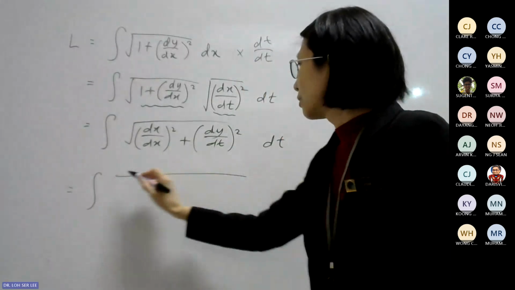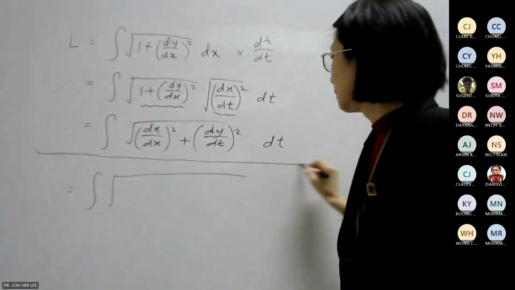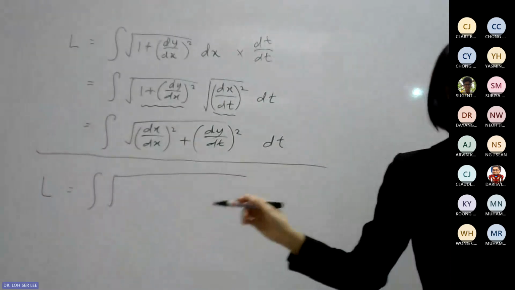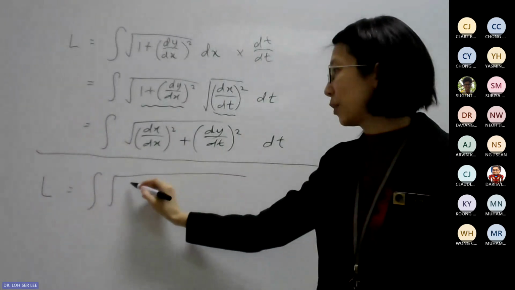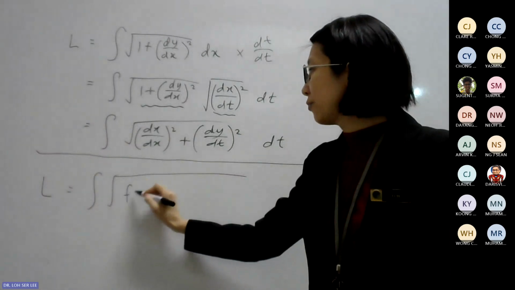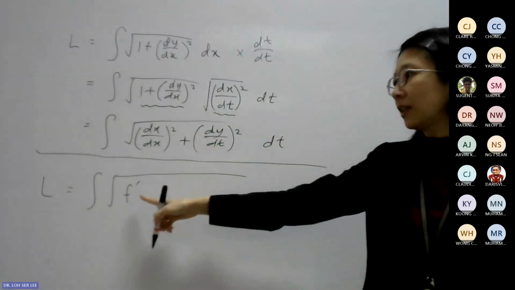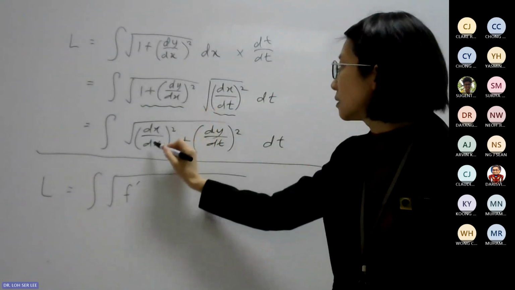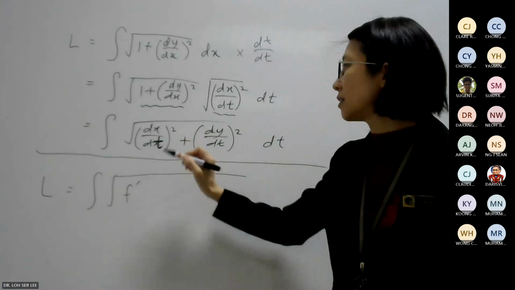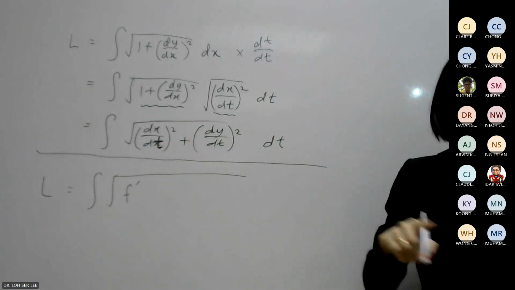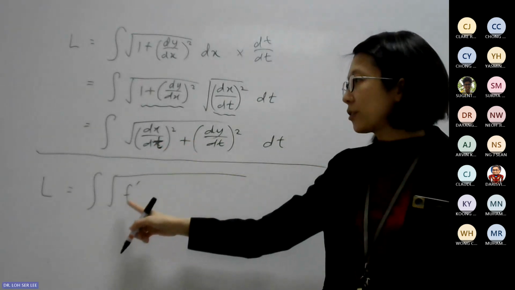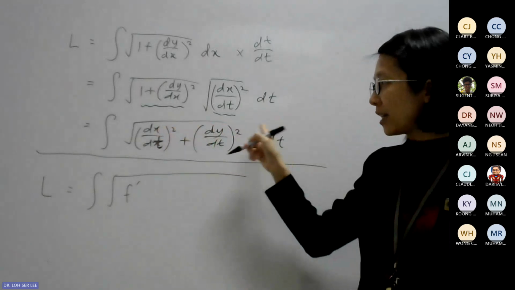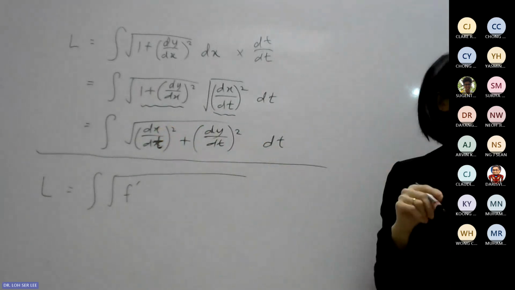So this is for three-dimensional. For three-dimensional, we use f, g, h instead of x, y, z.